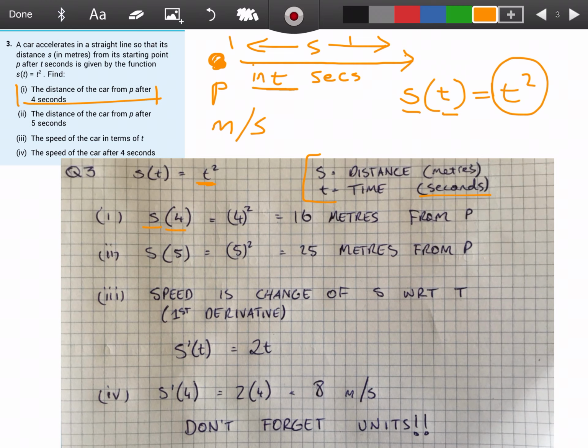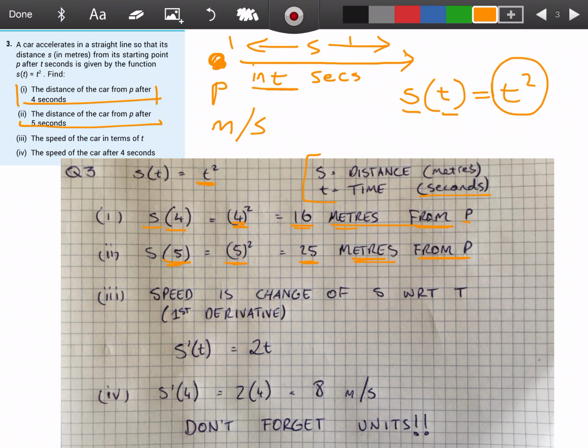So I fill it in to the formula. 4 squared is equal to 16 meters. 4 times 4 gives me 16 meters from P. So after 4 seconds, the car is 16 meters away from its start point. Exactly the same thing for part 2, but I sub in 5. So 5 squared is 25 meters from the start point. Okay? So part 1 and part 2 are exactly the same.